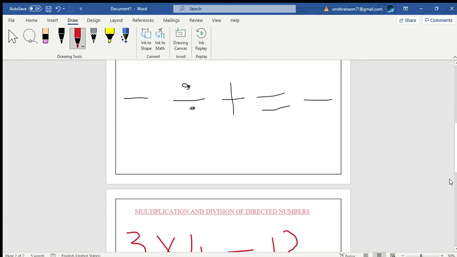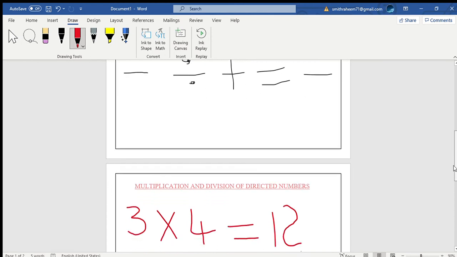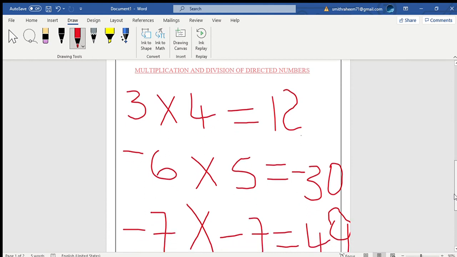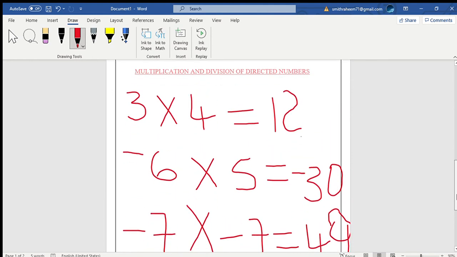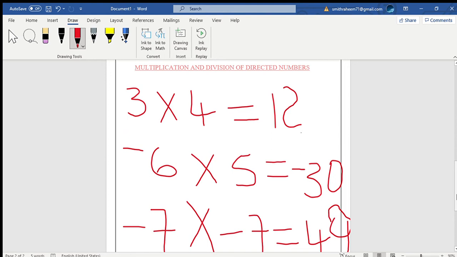So as I stated before, if you're not familiar with the negative and the positive numbers, you could watch lesson 1 and you'll have an idea. Positive numbers are the numbers without the signs. So this is a positive 3 and this is a negative 6. You could see the difference because this one has a minus in front of it and the 3 doesn't.